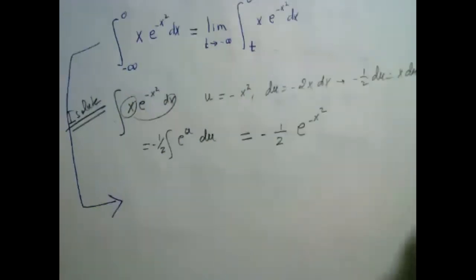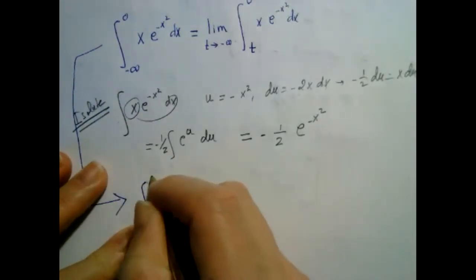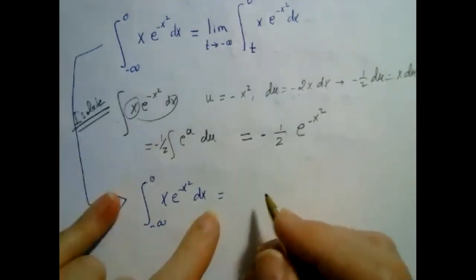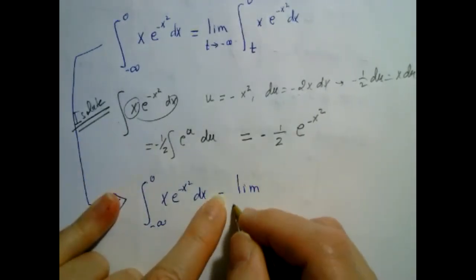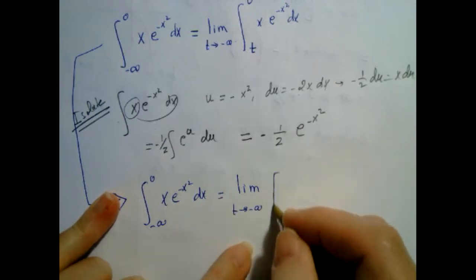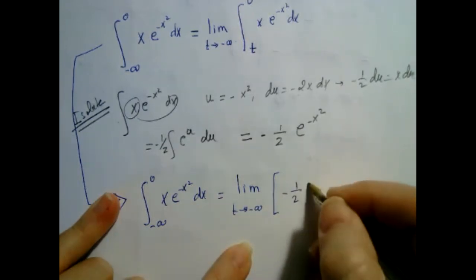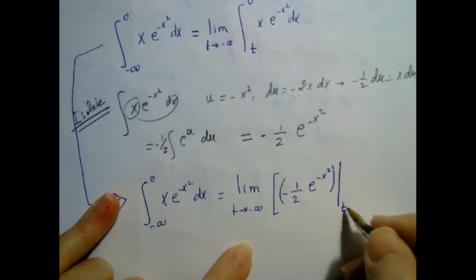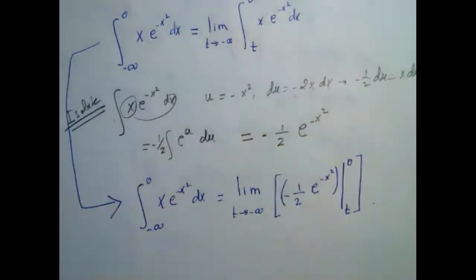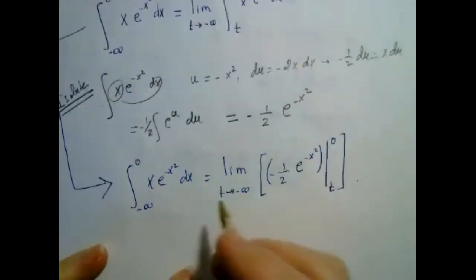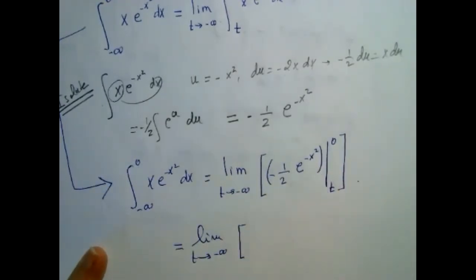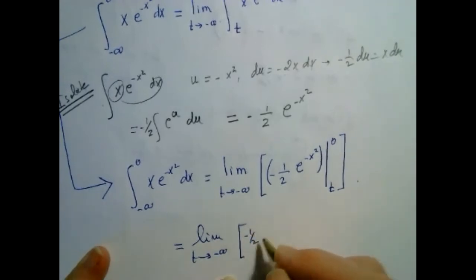Now I go back to my piece right there. So now the improper integral is equal to the limit as t goes to minus infinity of minus a half e to the minus x squared evaluated between t and 0. The minus a half can be pulled out just to make our life a little bit easier.